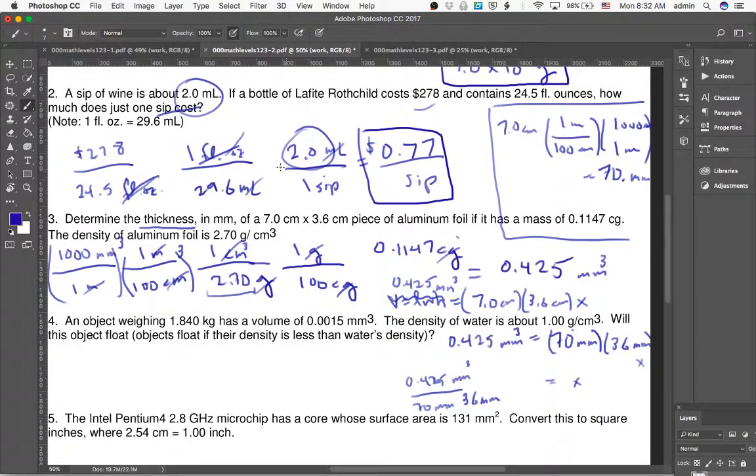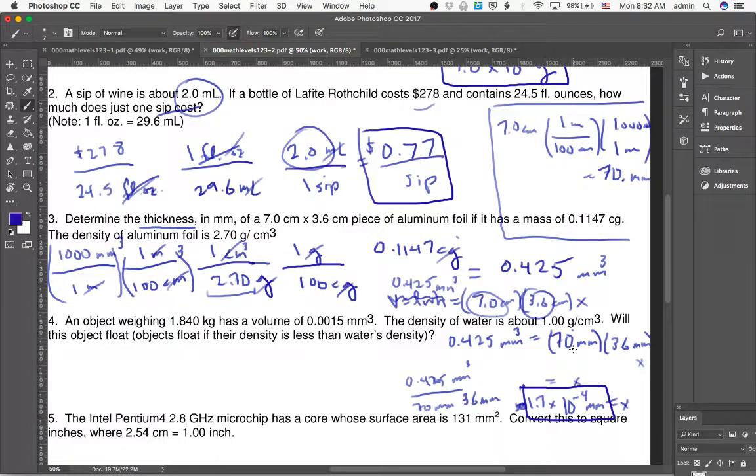Now, there are only two significant figures right here and right here. So x is equal to 1.7 times 10 to the minus 4 millimeters. Now that's very thin. That's extremely thin. And I think you've encountered such thinnesses in your lab also. So 1.7 times 10 to the minus 4, that's the thickness in millimeters of that foil in this problem.